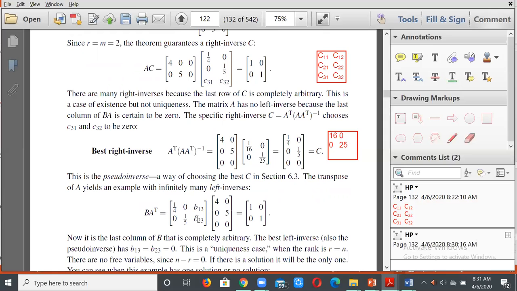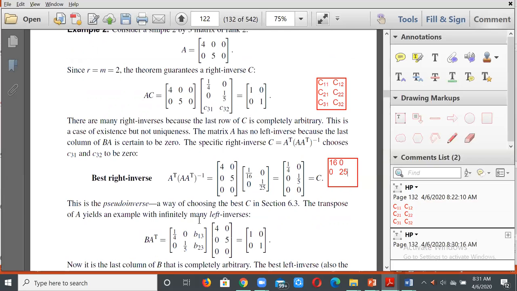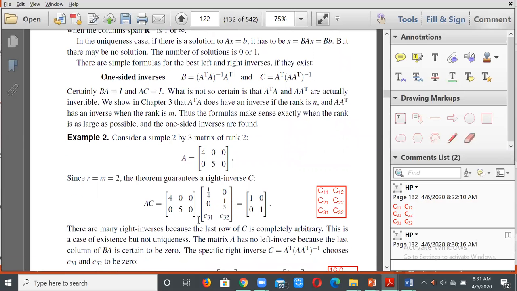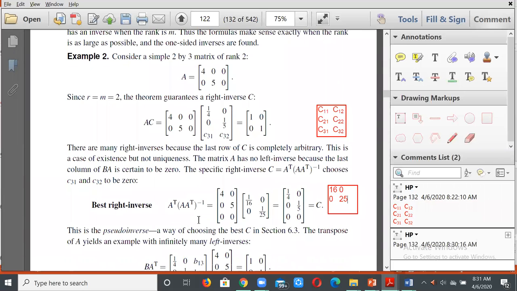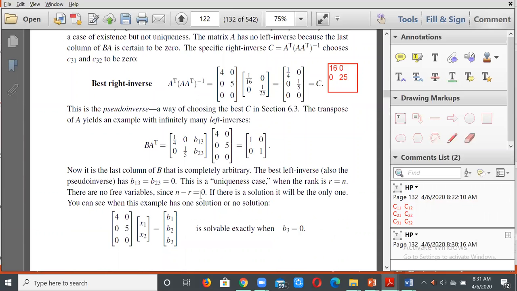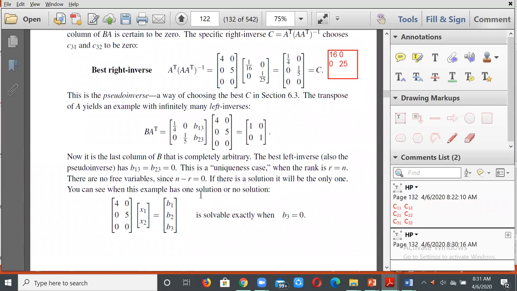The other two are again arbitrary, and you can have any values for them, but the simplest case, which gives the best alternative, will be B13 and B23 equal to 0, 0. And thus we can find the value of B.